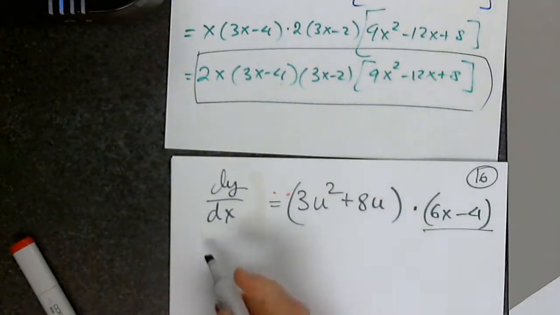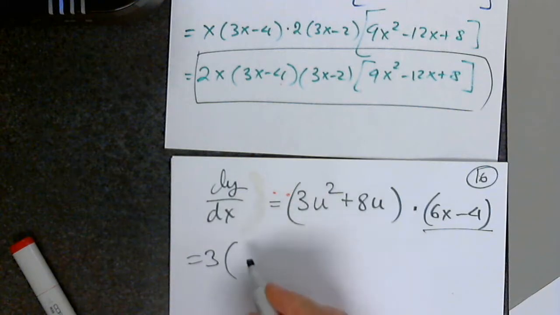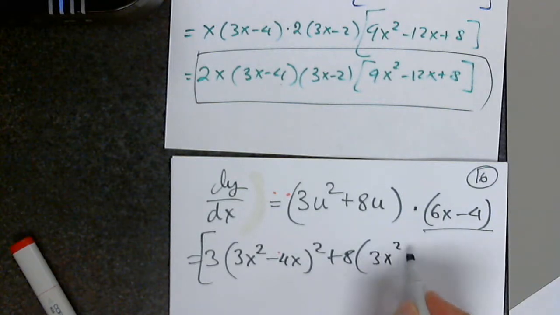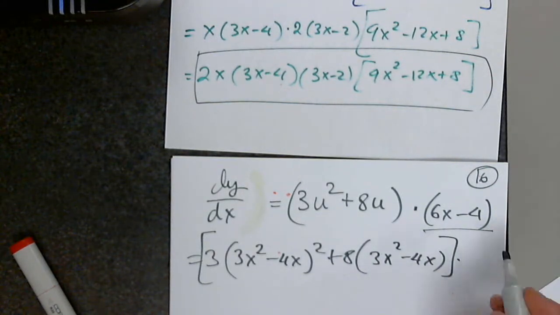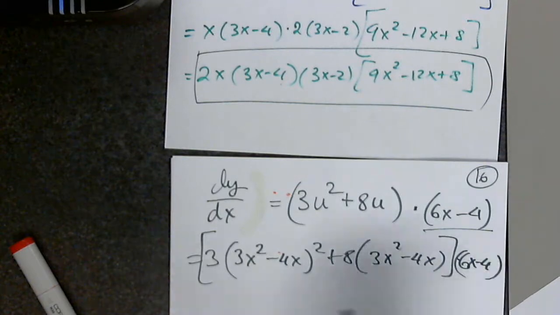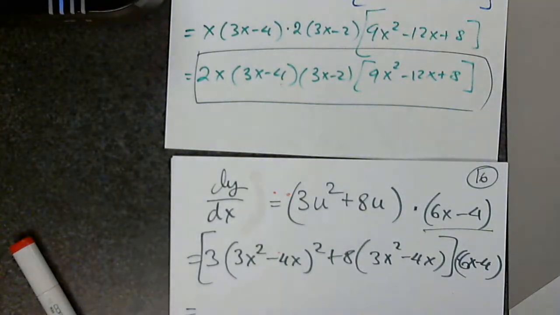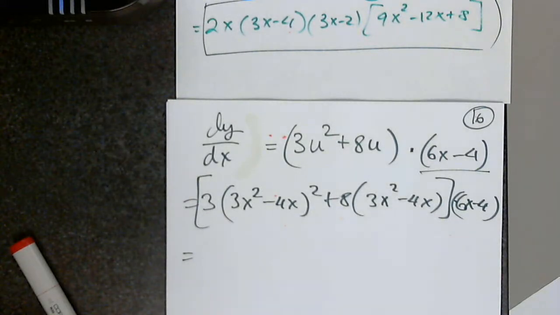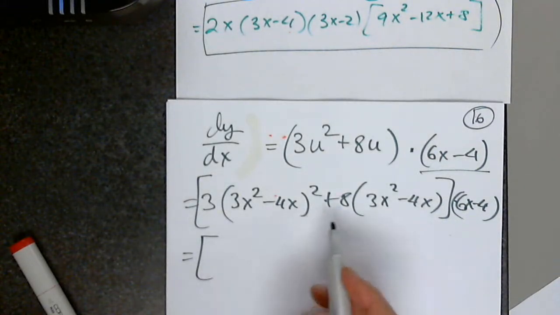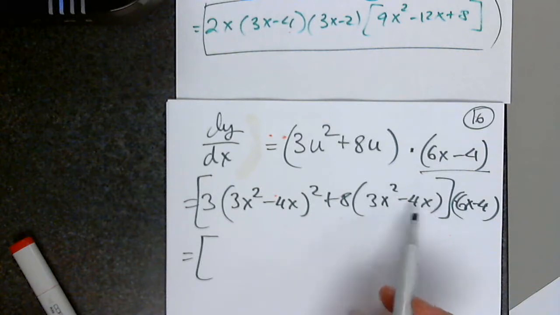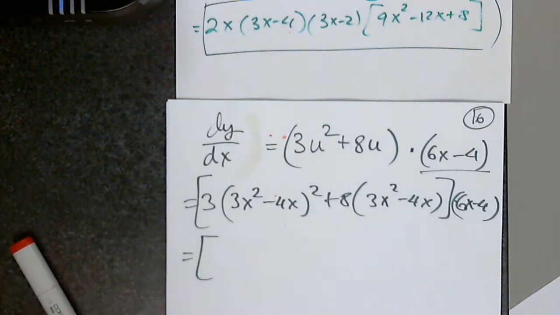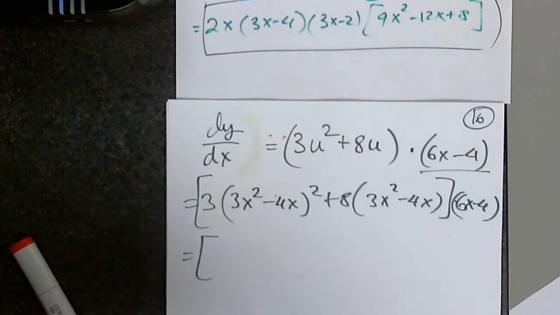So I will have 3 in parentheses 3x squared minus 4x squared, and then plus 8, 3x squared minus 4x, times 6x minus 4. Okay, so now I have to factor out a 3x squared minus 4x from the two terms inside, right?